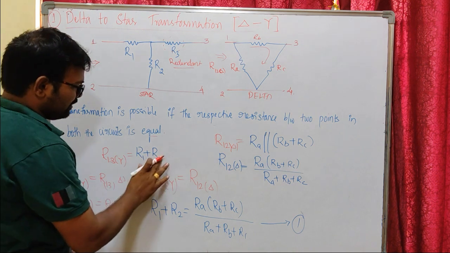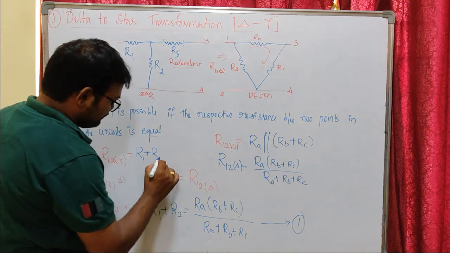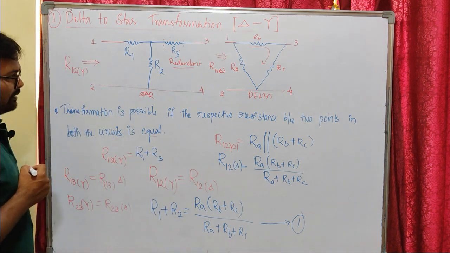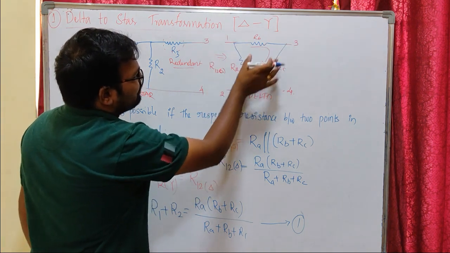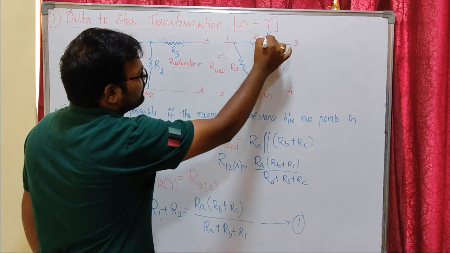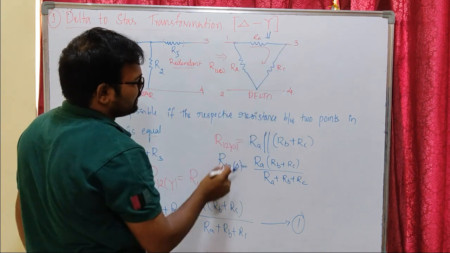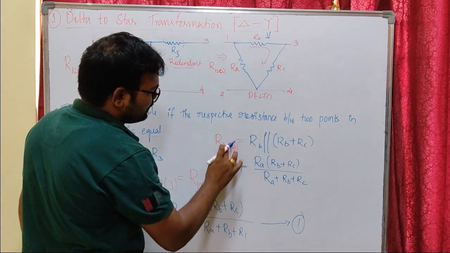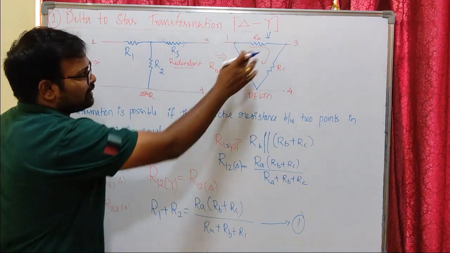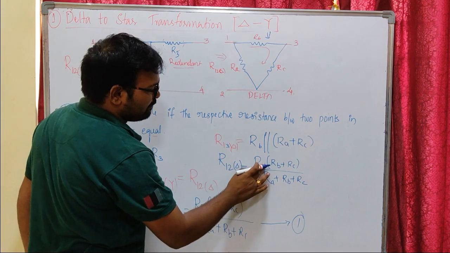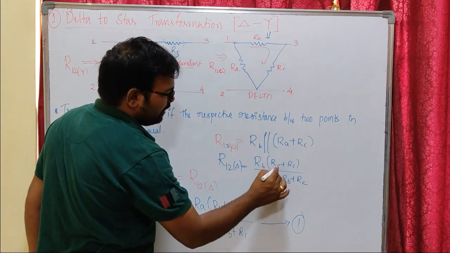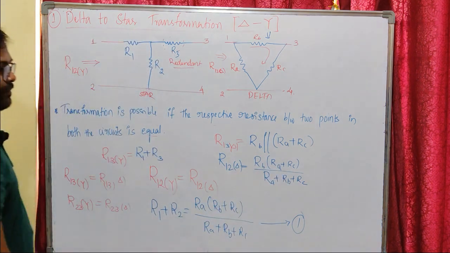Similarly, the equivalent resistance between 1 and 3 in the delta, R13 delta, will be RB in parallel with RA plus RC, that is RB into RA plus RC by RA plus RB plus RC.